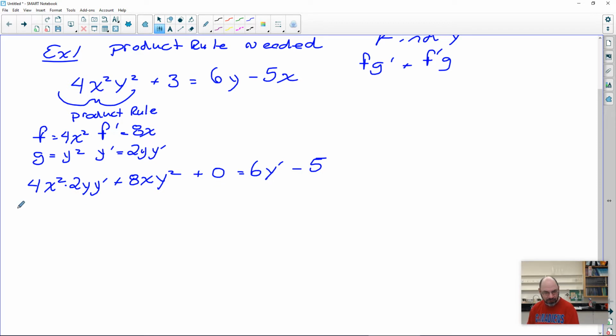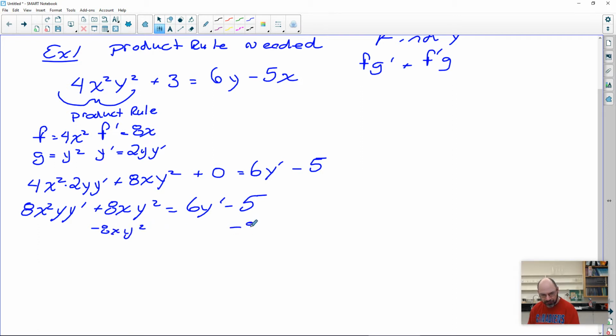So what we're going to do is let's simplify this to 8x squared y prime plus 8xy squared equals 6y prime minus 5. Okay, so we're going to move this out of here by subtracting it on both sides. And we're going to move this out of here over to here by subtracting it on both sides.